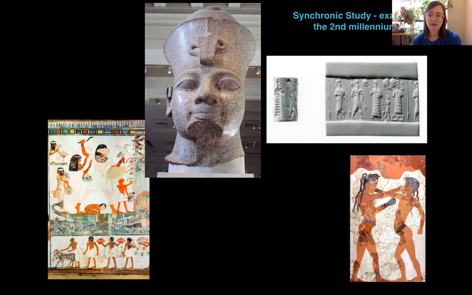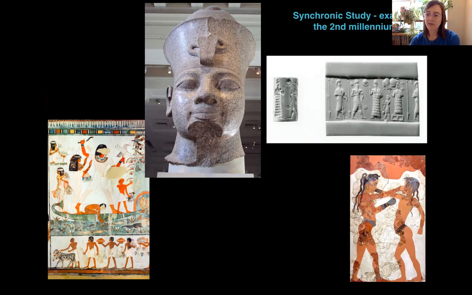Because synchronic studies give us a good sense of contact between cultures, and hopefully that dismantles this idea of Greece as being somehow special and unique, which is not, of course, to devalue any of the achievements or structures or anything, but rather just to look at our world as a globe versus isolated places.